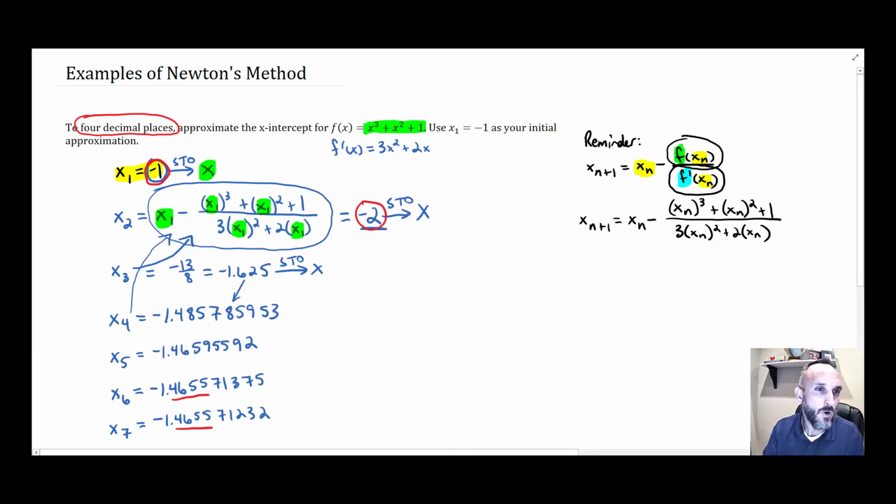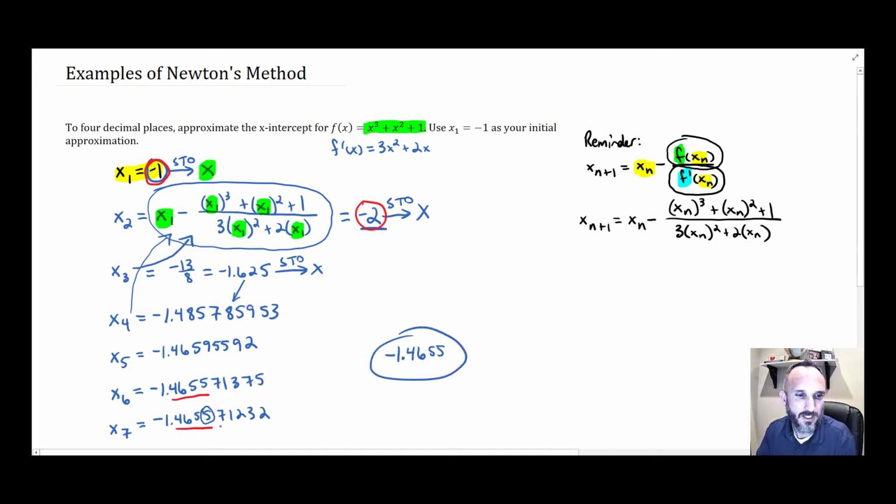So if we want to approximate the x-intercept of this function to 4 decimal places, the answer is -1.4655. Notice I didn't round my 5 here up to a 6 because I had a 7 after. I want the 4 digits after the decimal place to match the actual x-intercept of this curve. Okay?